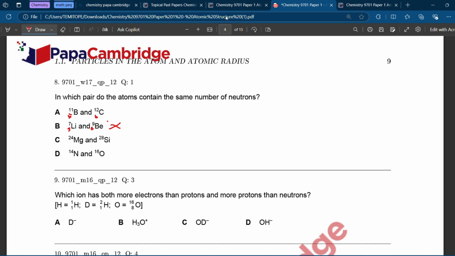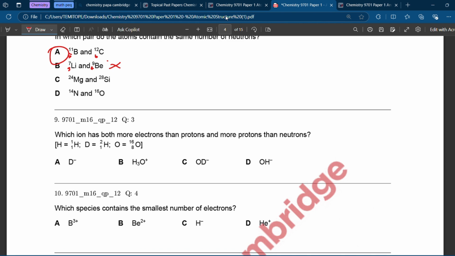Boron is number 5, carbon is 6, lithium should be 3, beryllium is 4. A 3 and a 4, that's wrong. Let's look at this one, a 5 and a 6. 6 plus 6 is 12, 6 plus 5 is 11, so this one is correct.